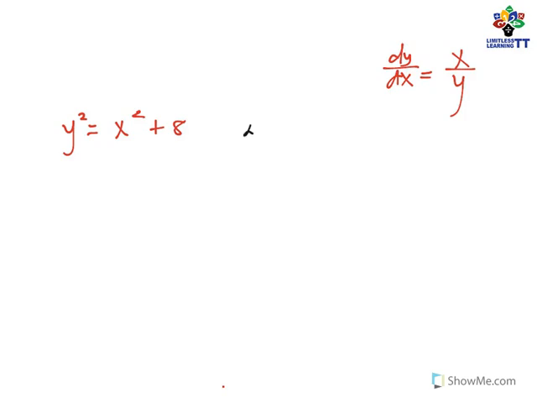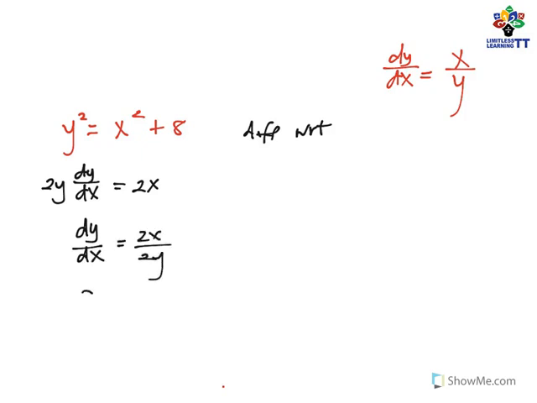So we just want to do a fact check to make sure it's going to work out. So we're going to differentiate with respect to x. So y squared with respect to x, differentiating will give me 2y dy dx. This will give me 2x, and my constant 8 becomes plus 0. So just 2x. And then divide both sides by 2y to give me dy dx is equal to 2x over 2y, which I end up with dy dx is equal to x over y.